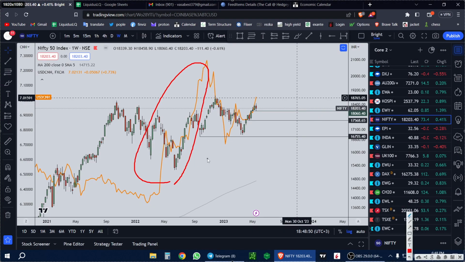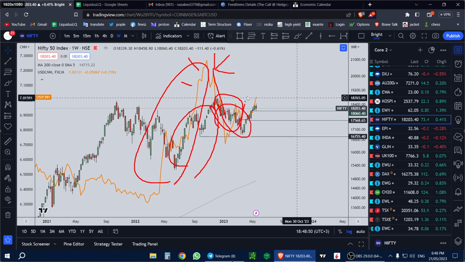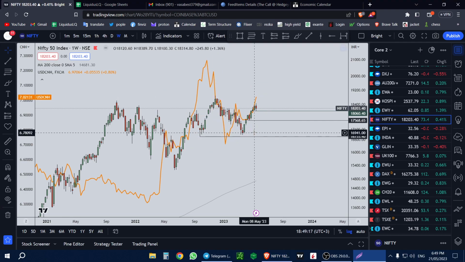This is an inverted chart, so a rise in the orange line means the fall in the CNH against the dollar. Devaluation of the CNH. You have the nice move in the Nifty, a retracement, and a move higher on the Nifty as well.